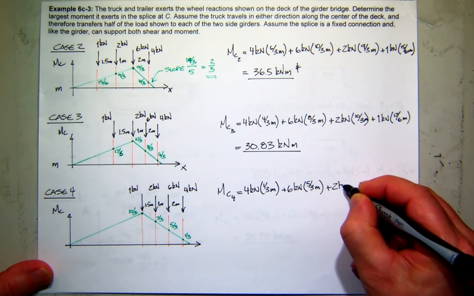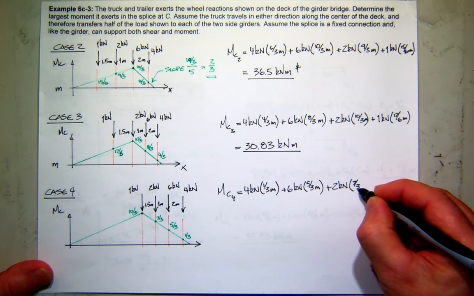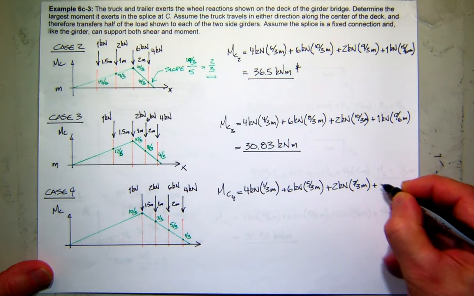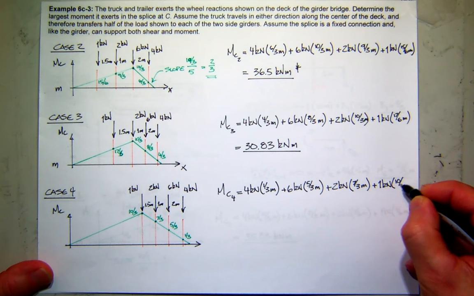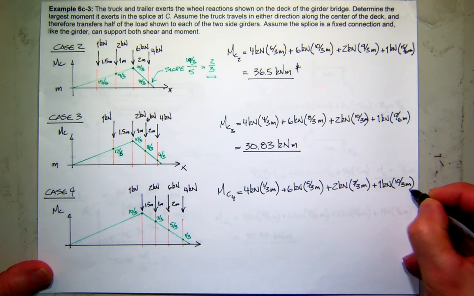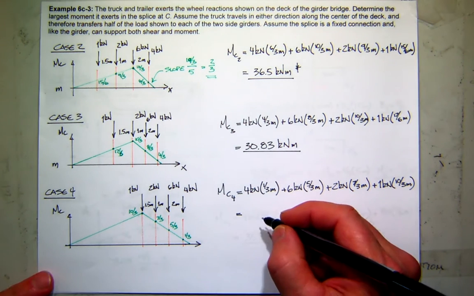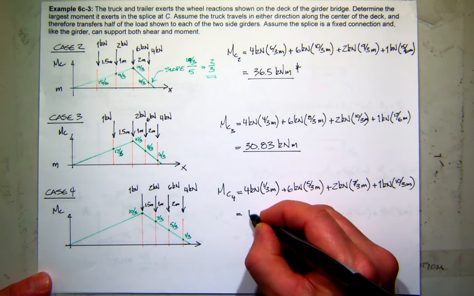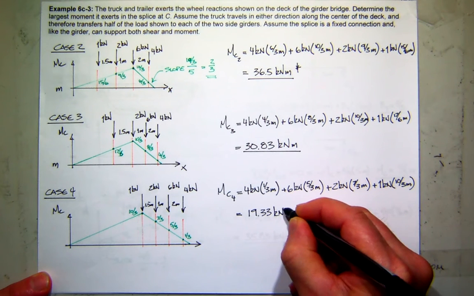Plus 2 kilonewtons times 7 thirds. Plus 1 kilonewton times 10 thirds. What's that? I got 19.33. Anybody else get that? Okay, cool. 19.33. And that'll be kilonewton meters.